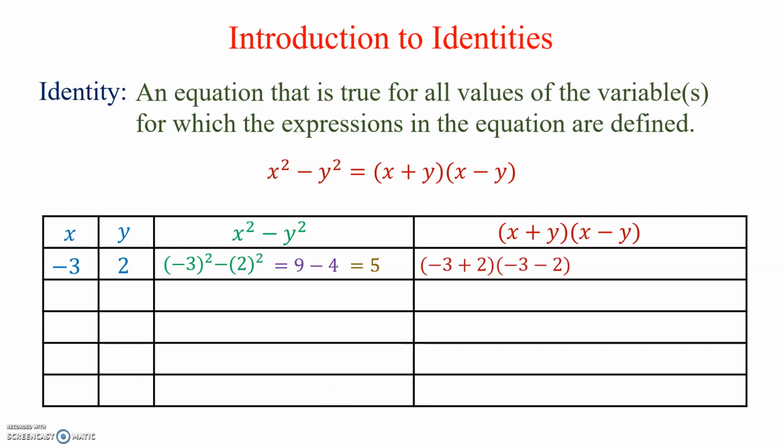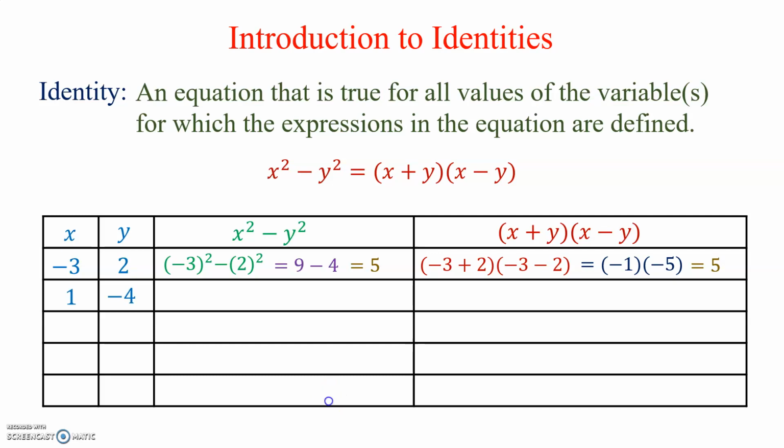The sum of -3 and 2 is -1, the difference is -5, and when we multiply, we do get 5. So this is the first evidence that this equation is looking to fit the criteria of being an identity. Well, let's substitute a couple more pairs of numbers.